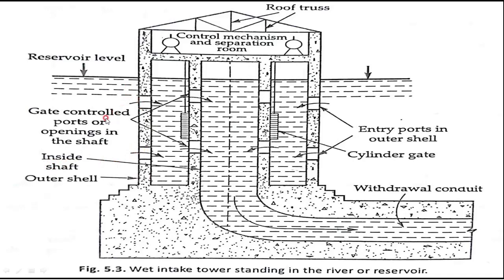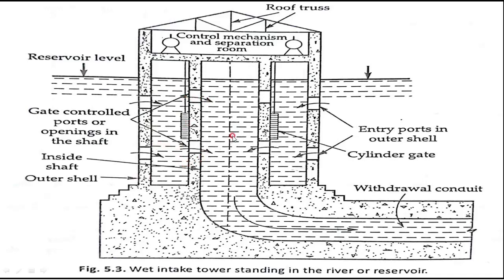Then the water starts entering here. Whenever the water level is very low in the reservoir, water will start entering here. If the water level is very high, then it will start entering into both the ports. Then again one more circular arrangement is made, and from that the water will again enter inside. There are two entries.